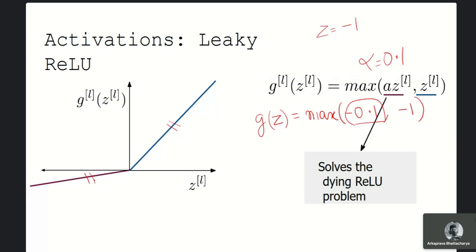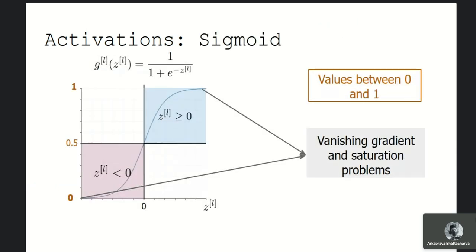So it will still continue to produce a small output so that our gradient doesn't become equal to 0, and this will solve the dying ReLU problem. So rather than using simple ReLU, in most of your CNN networks, you will be using leaky ReLU as the activation function. Then another very popular function is the sigmoid activation function.